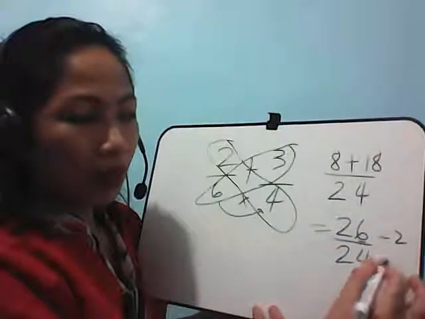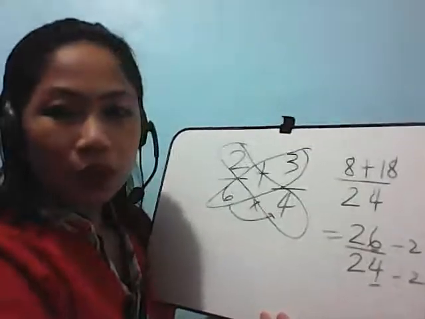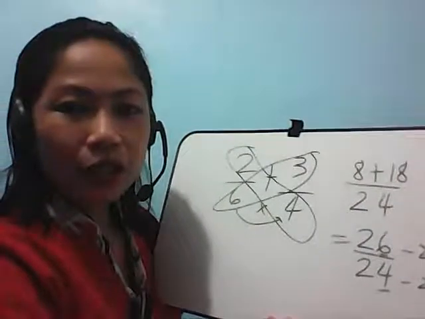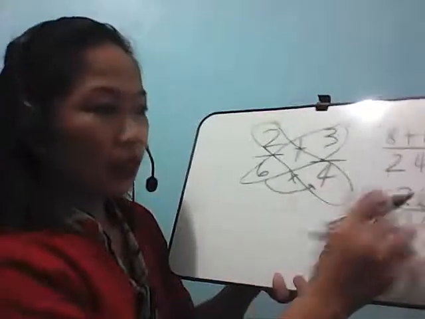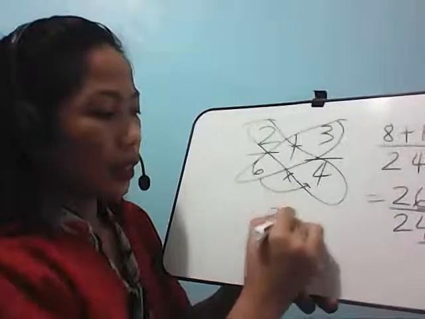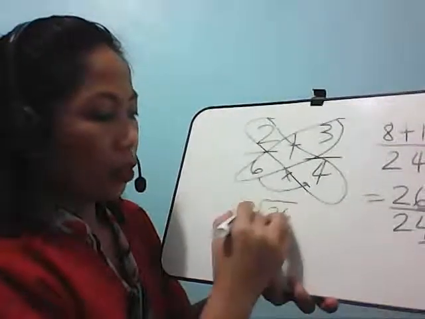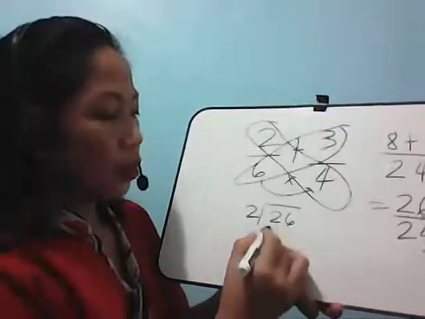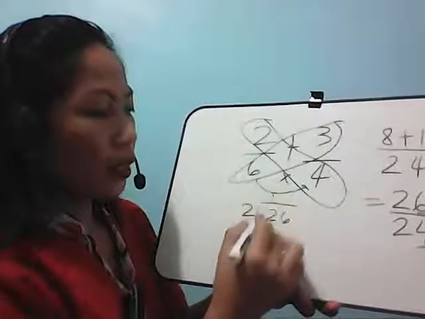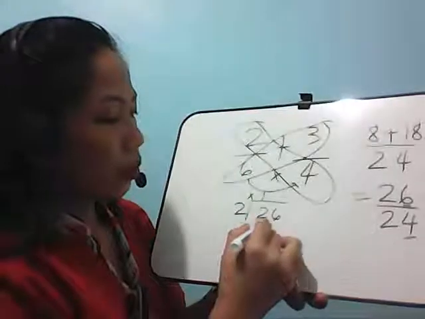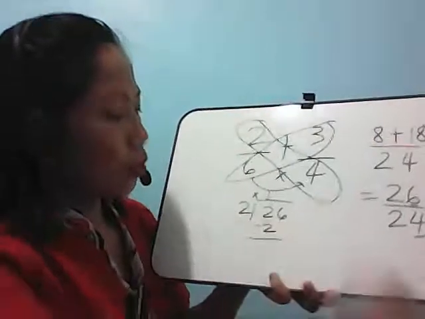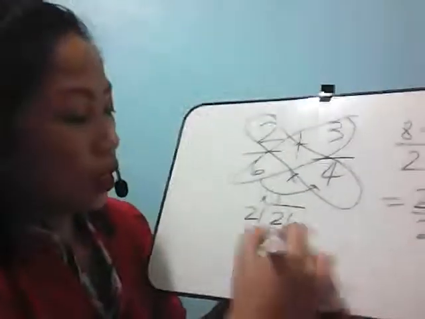26 divided by 2. Let us divide first. 2 divided by 2 is 1. 1 times 2 is 2. Then 2 minus 2 is 0.